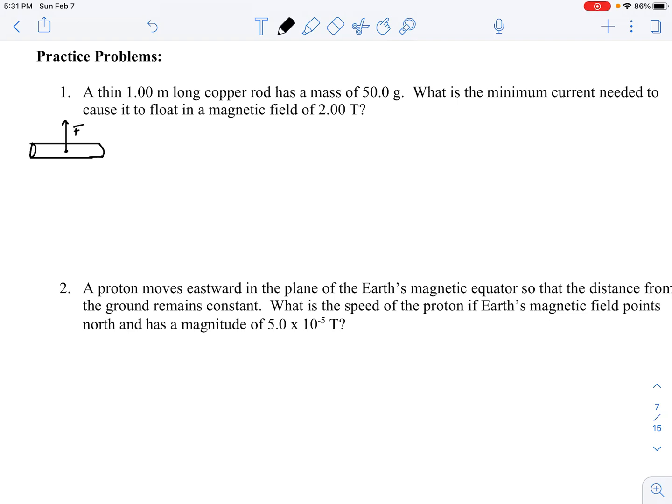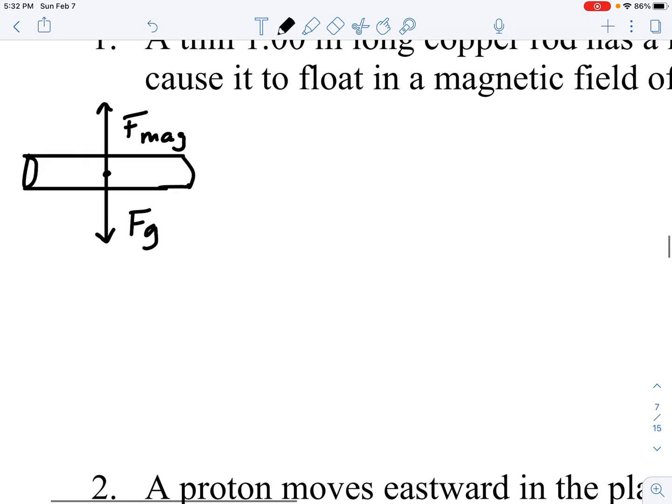Now, the wire is floating due to magnetic force. So there's a magnetic force pushing up on it, and then it's got a gravitational force on it. And in order for it to be floating, those two forces must be equal and opposite. We know that the mass of this thing is 50 grams, which is 0.050 kilograms.